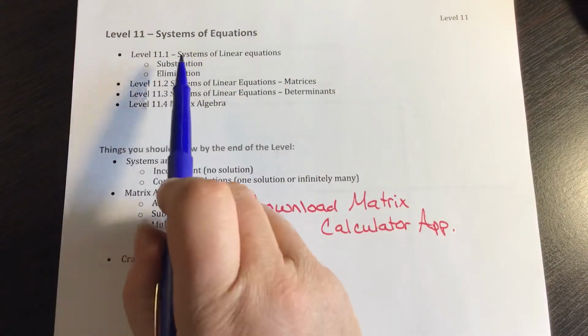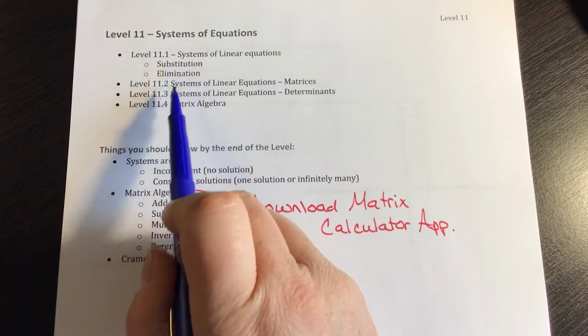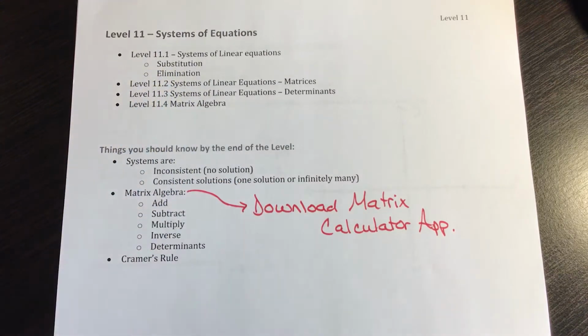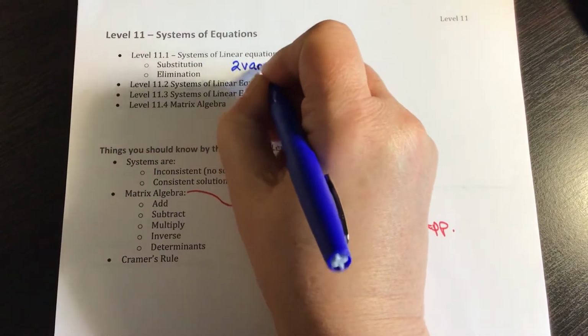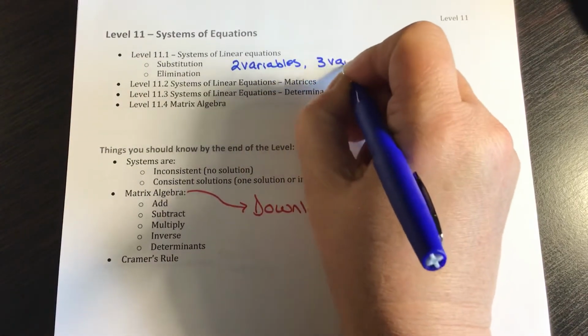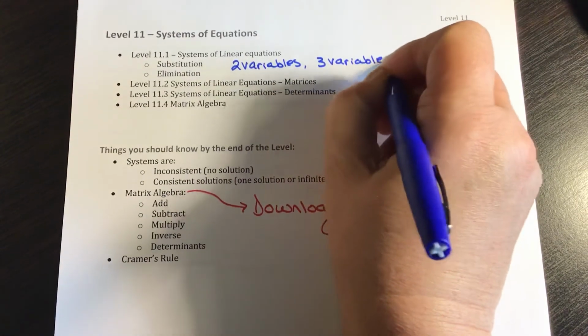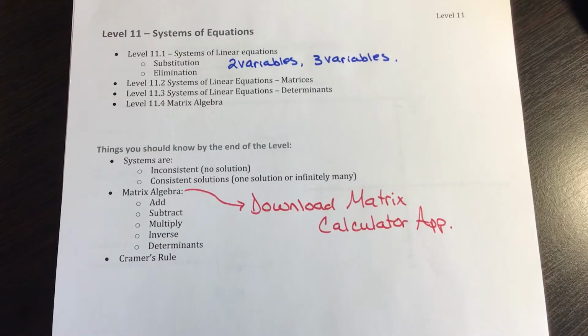We're going to solve systems of equations by using substitution and elimination, and we're going to do that with two variables and three variables. Okay, and that actually should be a review. And then we're going to introduce another method of solving those equations by using matrices.